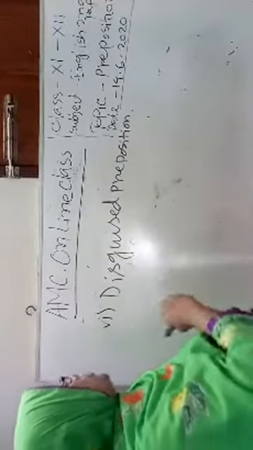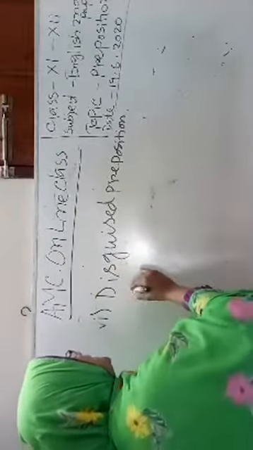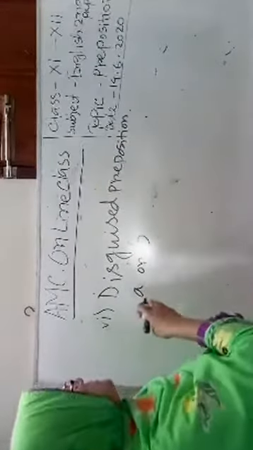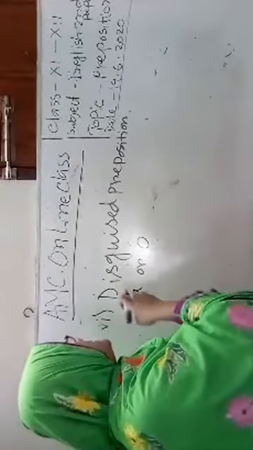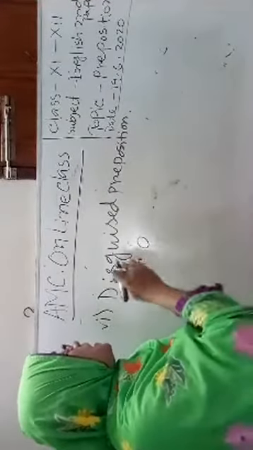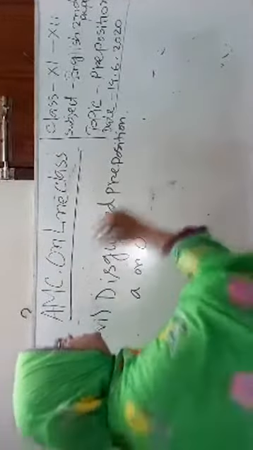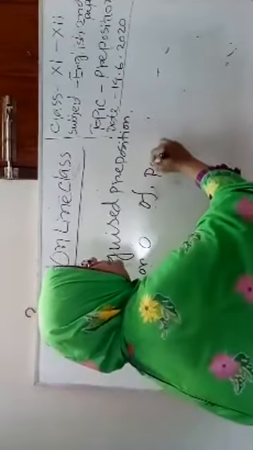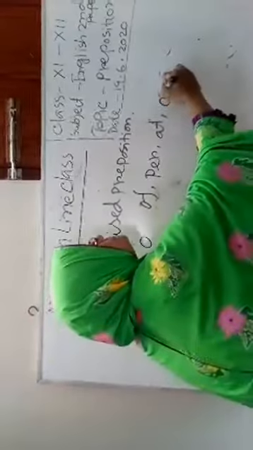If we analyze disguised preposition, we see A or O. These are single alphabets used in place of some prepositions, and these prepositions are of, per, at, on.